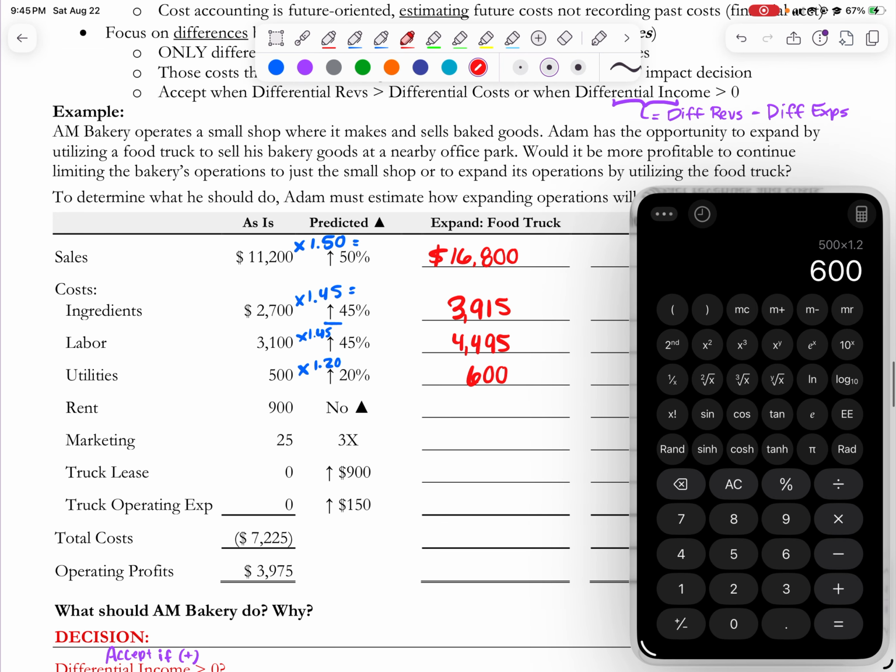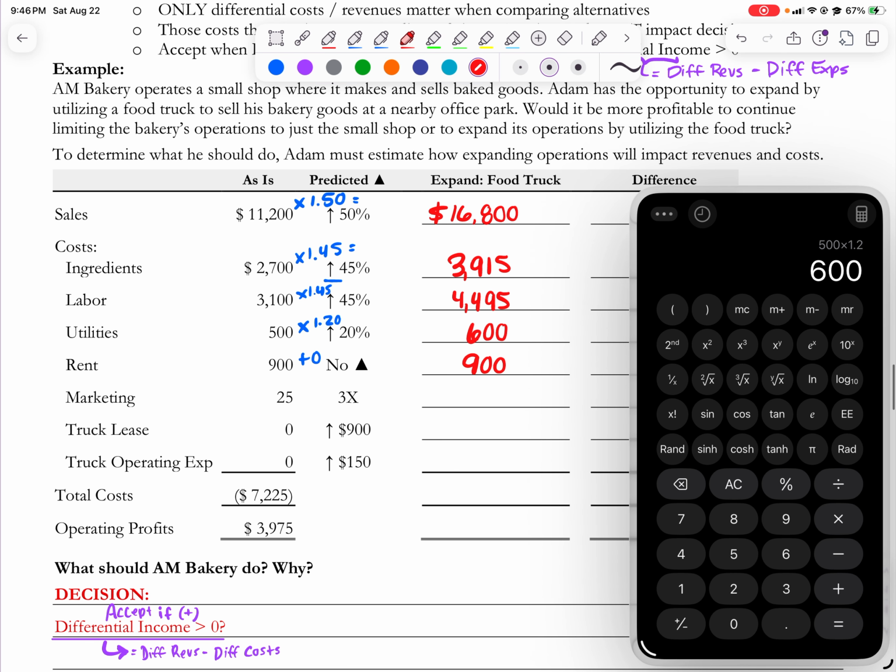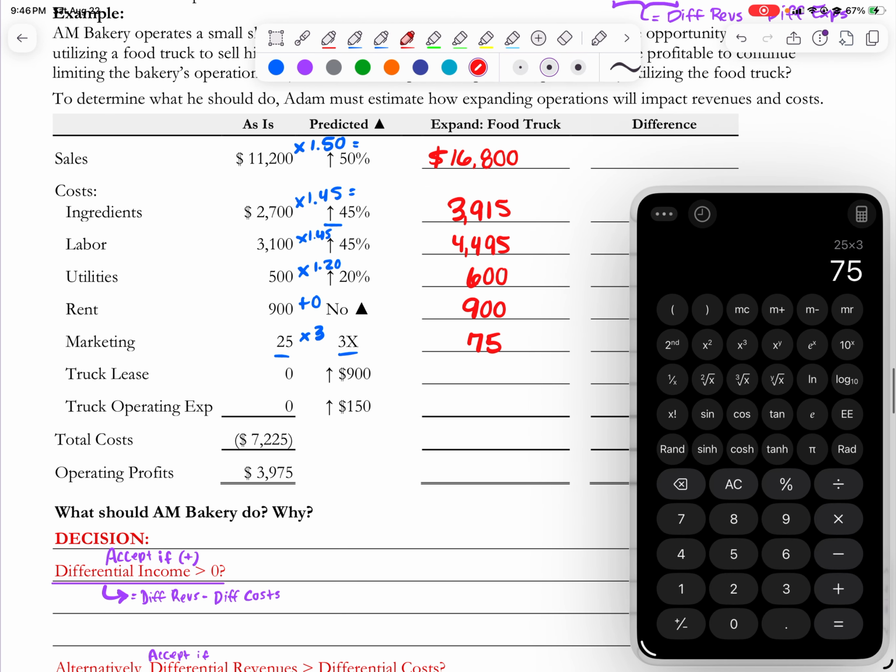My rent will not change, so 900 plus 0, 900. Marketing costs will triple, so they would be triple what they are now, so times 3, 25 times 3, $75.